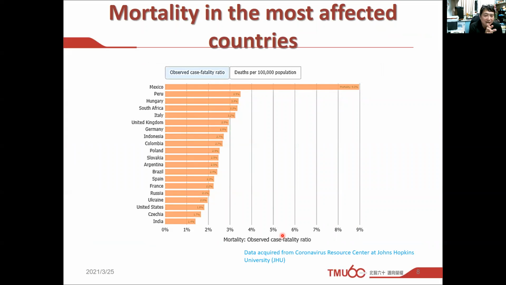Here is the list. Several countries have an above average fatality rate, for example Mexico, Peru, Hungary, South Africa, Italy, United Kingdom, Germany, Indonesia, Colombia, Poland, Slovakia, Argentina, and Brazil, which have more than 2.2 death rate among people suffering COVID-19.